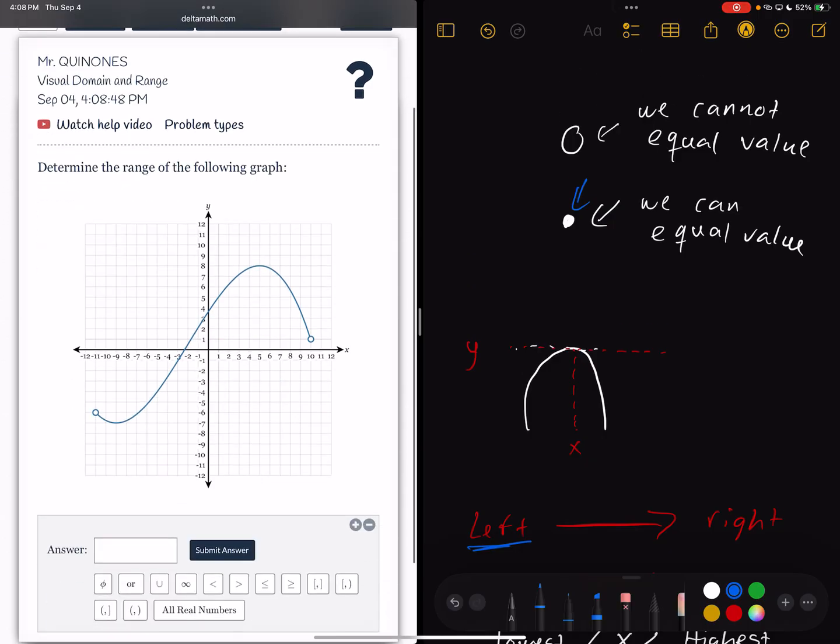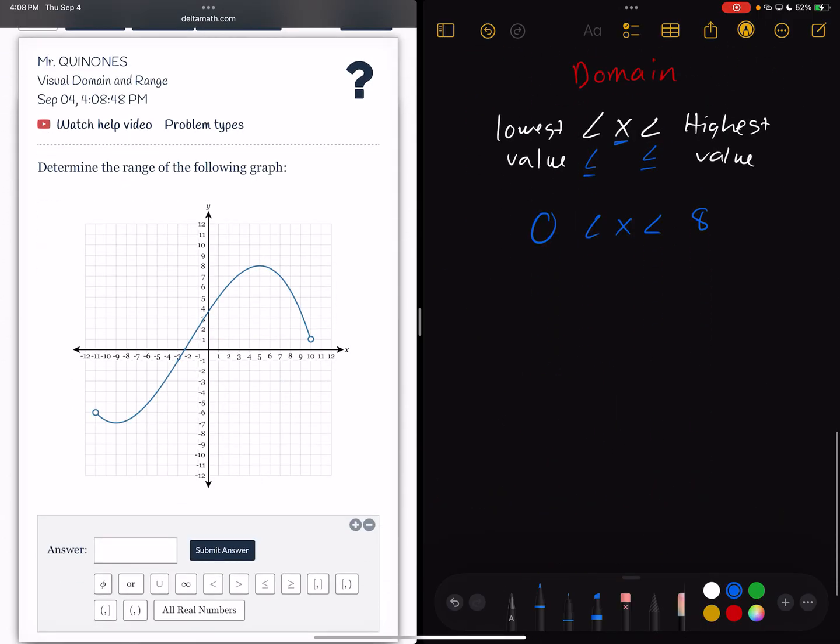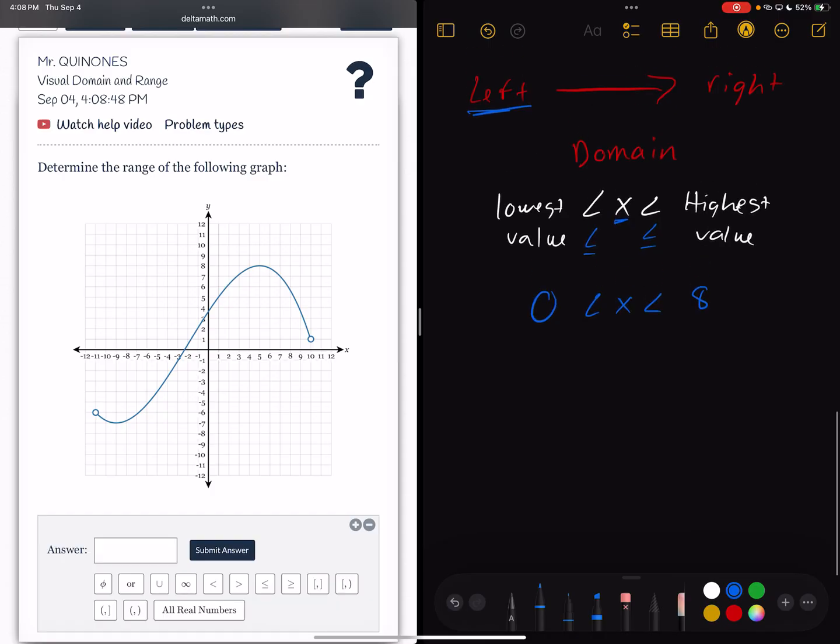Let's do range. Now, range, just like domain, works very similarly, except that we are looking from bottom to the top, respectively.